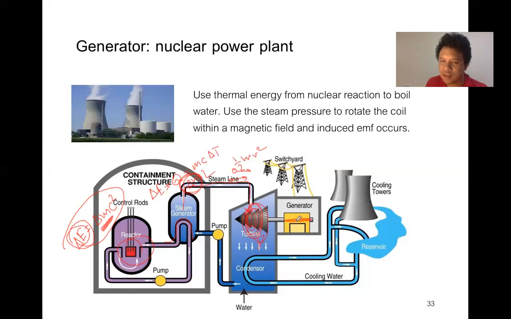Then in the generator, you have a conducting coil rotating under a magnetic field, and finally you are going to have electric power, and you can transfer the power to the houses. Okay, and this explains everything.